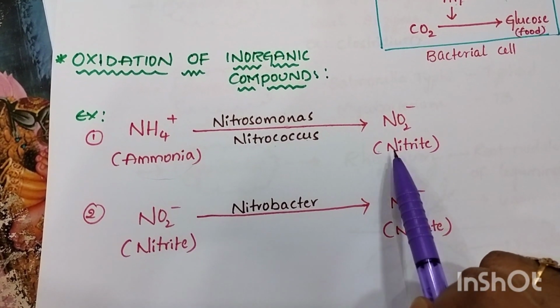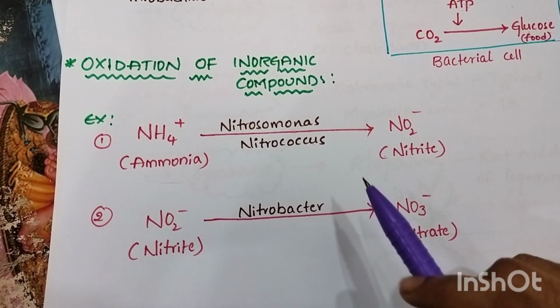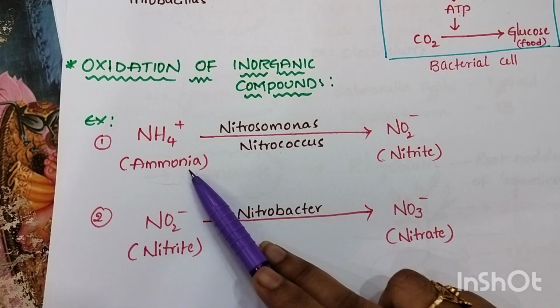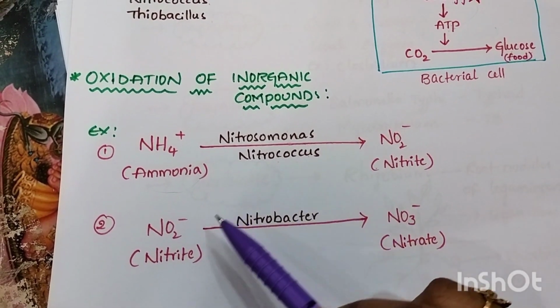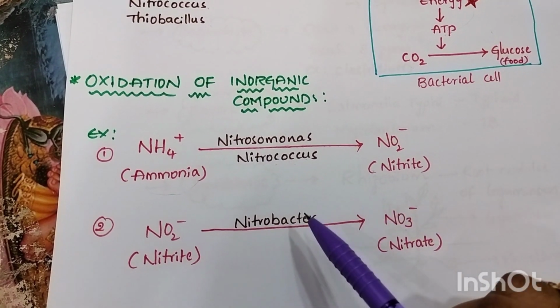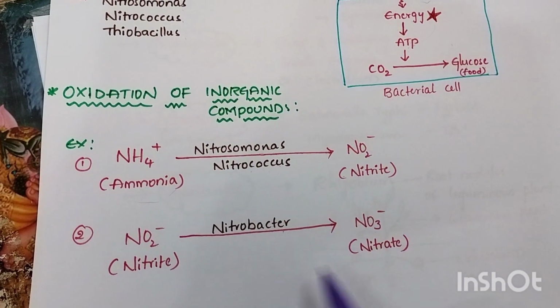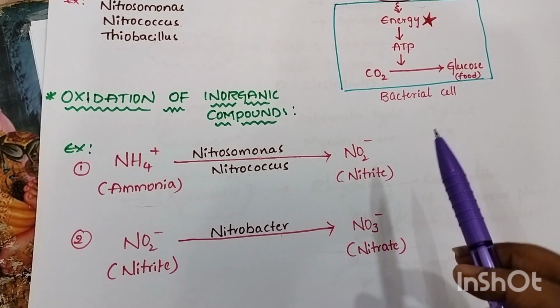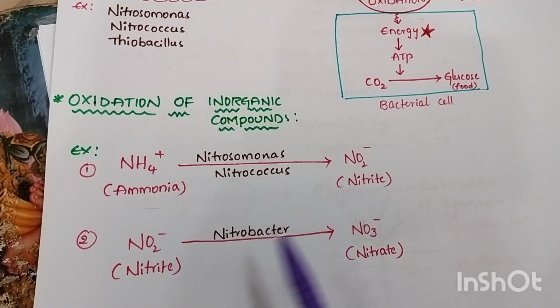Now the nitrite is again oxidized by Nitrobacter into nitrate. So here the ammonia is converted into nitrite by Nitrosomonas and Nitrococcus. Again, this nitrite is converted into nitrate by Nitrobacter. So here what happens during these oxidation steps, some amount of energy is released during the conversion of ammonia into nitrite, and nitrite into nitrate.